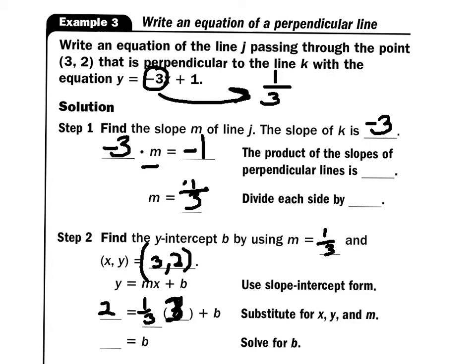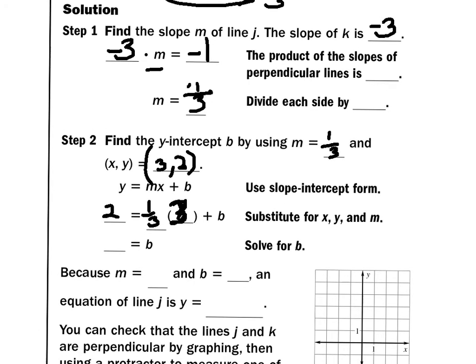So 1/3 of 3 is 1, and then we're going to subtract 1 from both sides. So 2 minus 1 is 1. Because m is 1/3 and b is 1, the equation of the line is y equals 1/3 x plus 1.